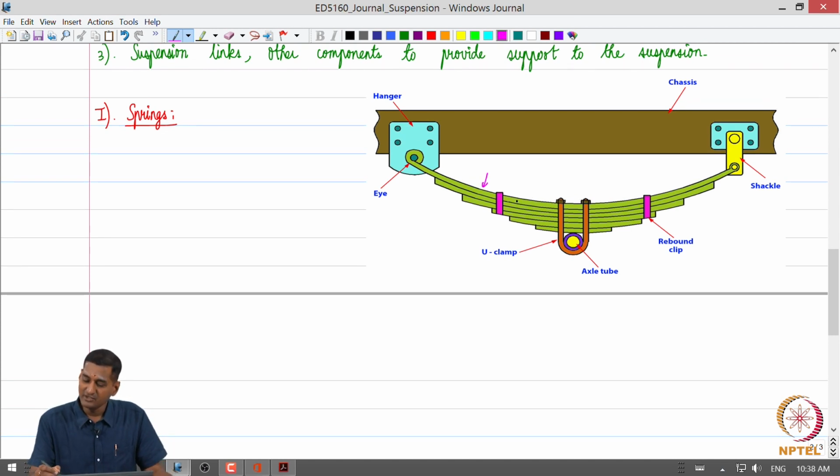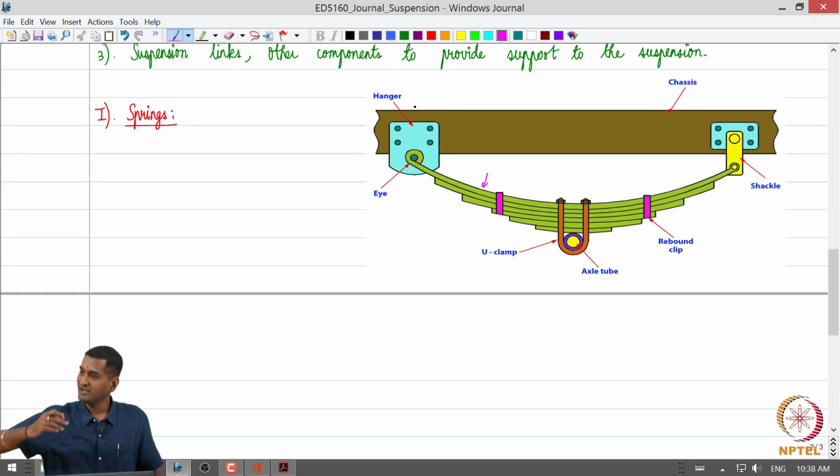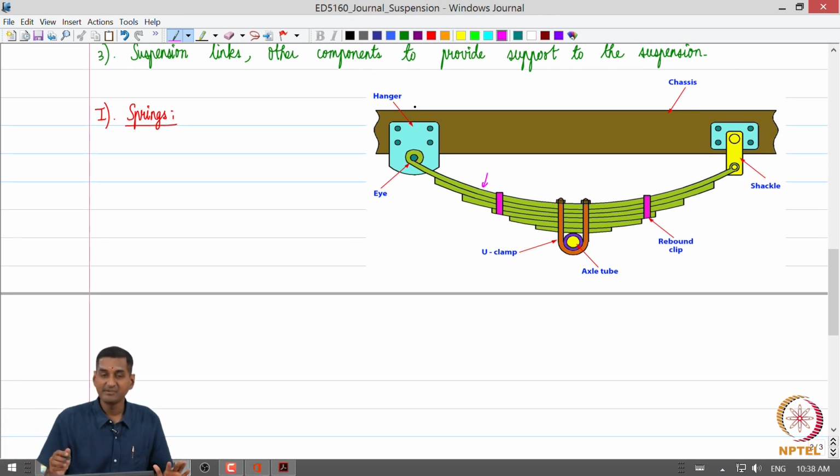They are essentially held together by these clips, they are bolted to the axle and held together by a clamp, right, and at the two ends of this leaf spring, they are fixed to the vehicle body or vehicle frame. So, the individual leaves of the leaf springs are curved. So, when they are subjected to load, they are going to deform, and that is going to result in a springing action, right.